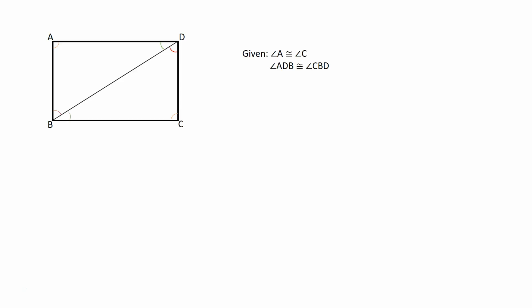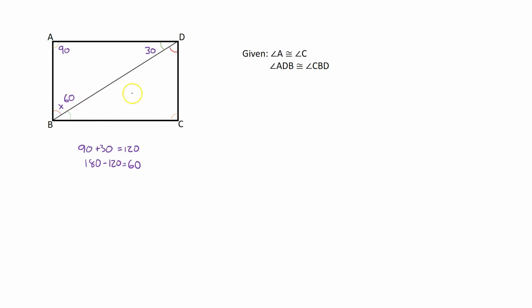Let's say angle ADB was 30 degrees. So if this is 30 and this one is 90, then what is this one, the missing one? Well, 90 plus 30 equals 120, and 180 minus 120 is 60. That means that this angle is 60.